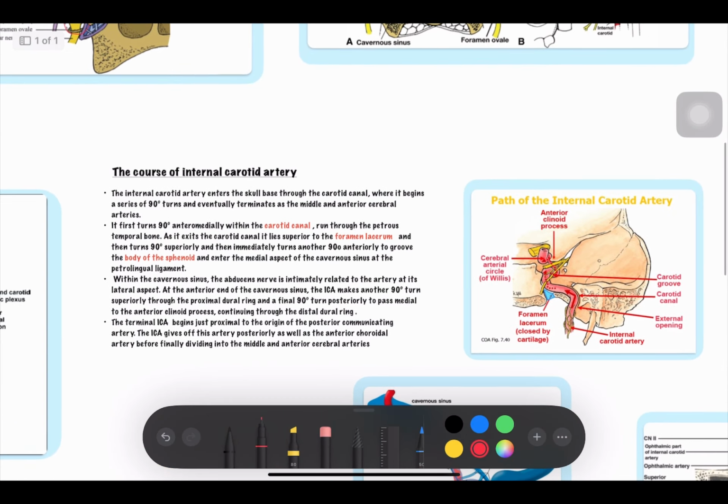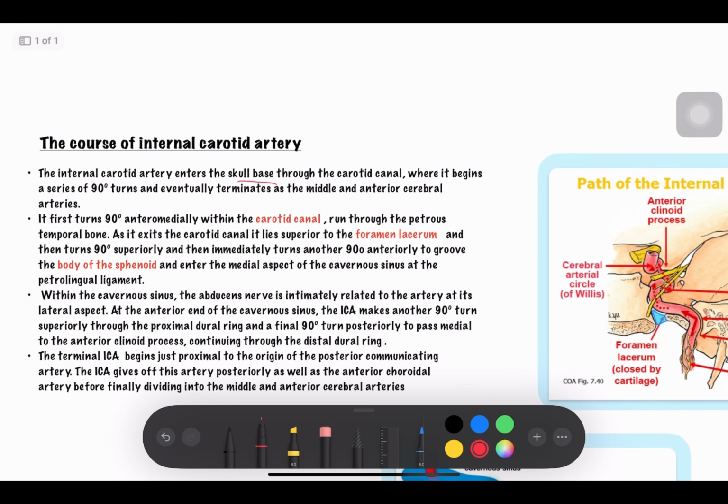Another important thing that we need to know about the cavernous sinus is the course of the internal carotid artery. All we know about the carotid artery is that it enters the skull base through the carotid canal and terminates as the middle and anterior cerebral arteries.